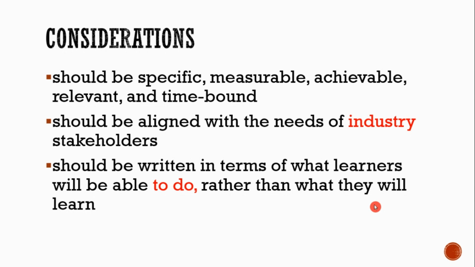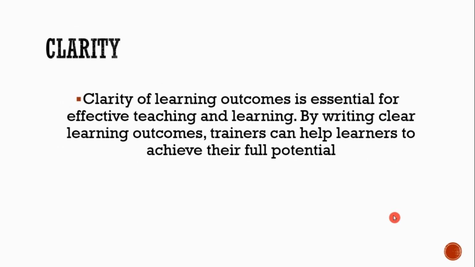So again, knowledge, but the more focus is on what a learner is able to do. Of course, there are many other considerations, but let's focus on the three. Our learning outcome should be SMART, should be aligned to the industry requirements, and should be written in terms of what a learner is able to perform.